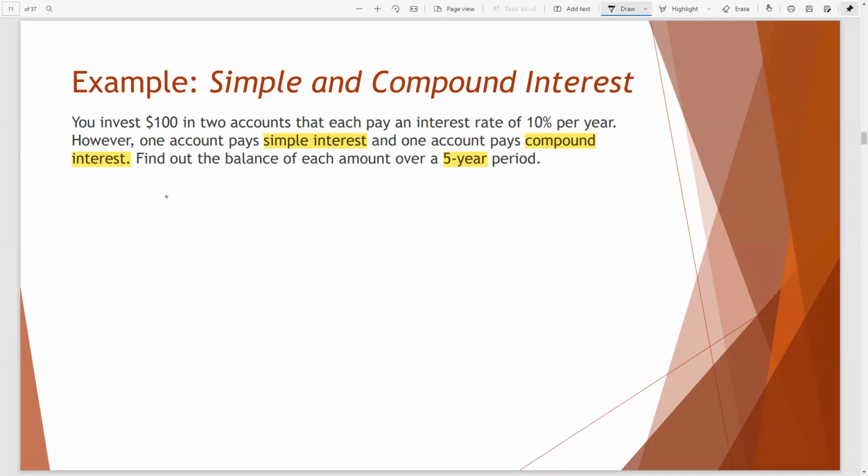So for simple interest, it's 10% paid on the $100 investment. It's the $100 investment times 10%, the annual interest, multiplied by 5 years.